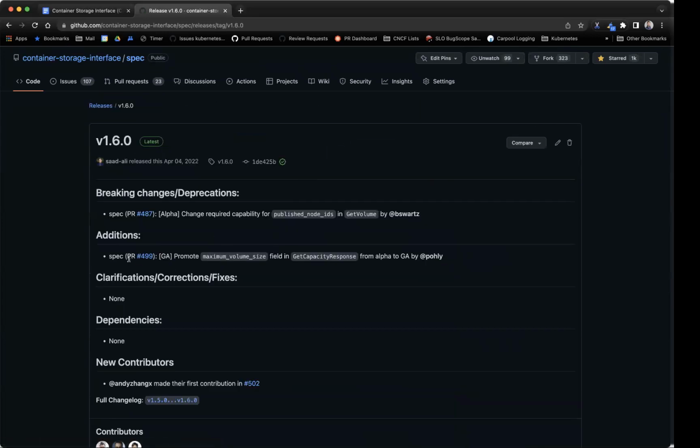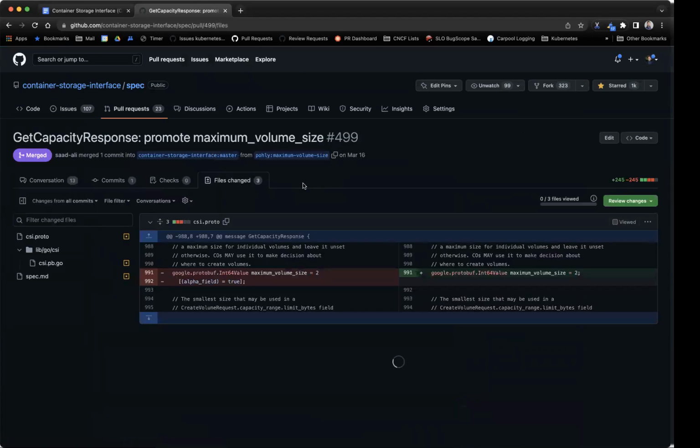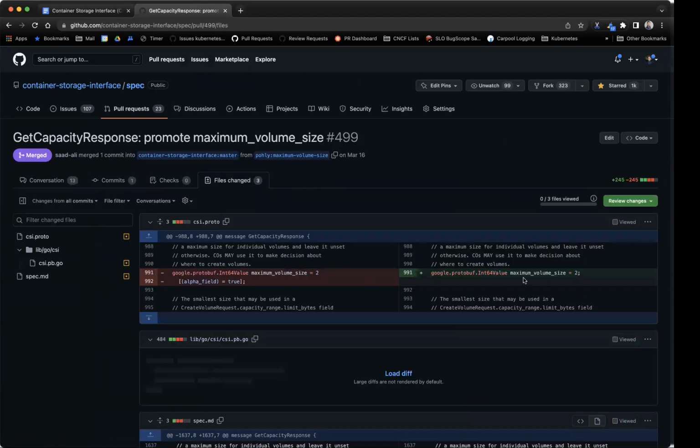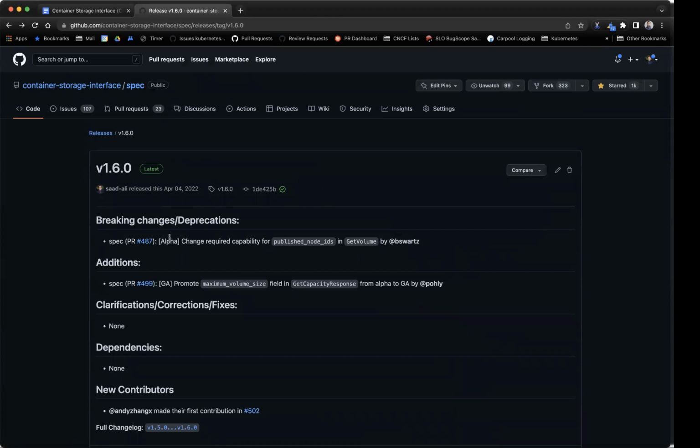I don't think we had this, so this maximum volume size, I think we just directly removed it. So if you want to test, we could test with maximum volume size on CSI 1.5 versus 1.6.